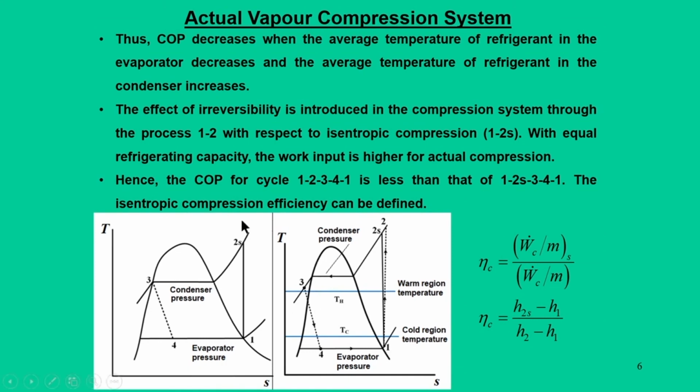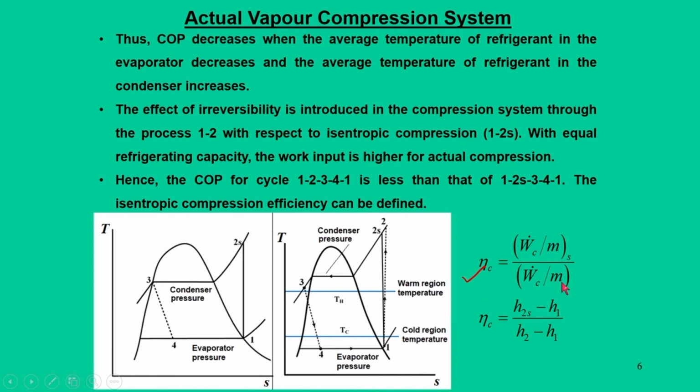one first thing one can introduce here is the isentropic efficiency of the compressor, that is, the isentropic work fed to the compression system, W c dot by m dot, to the actual work, which will be more.